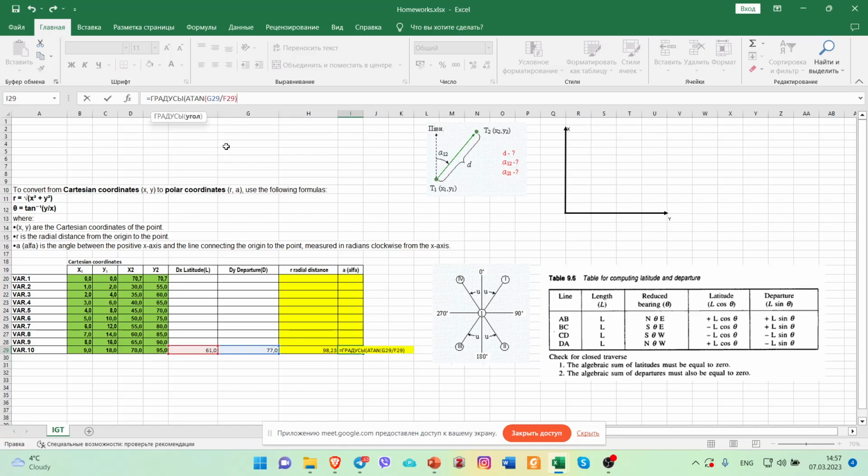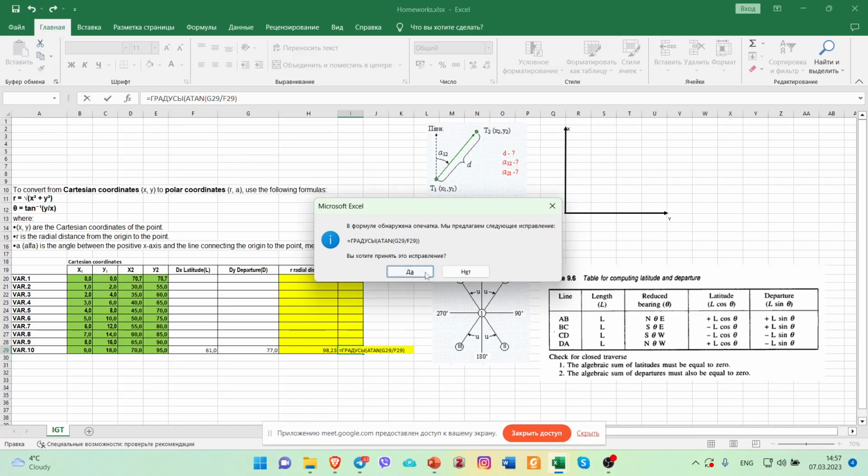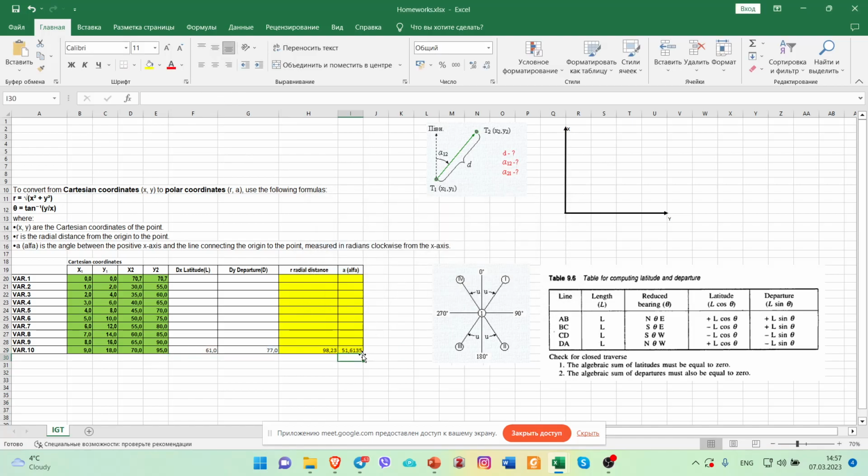Enter. Here we can get alpha 51 degrees, 51.61 degrees.